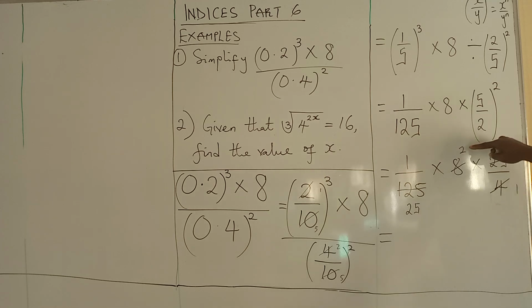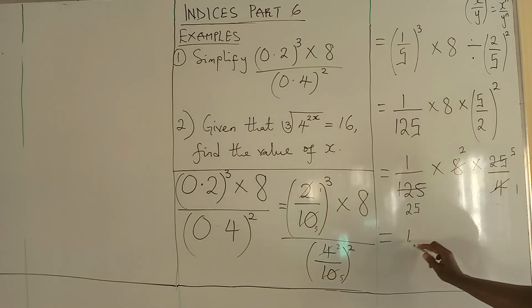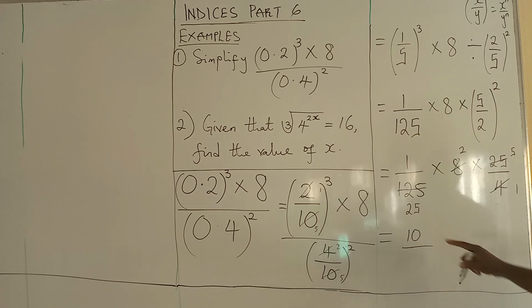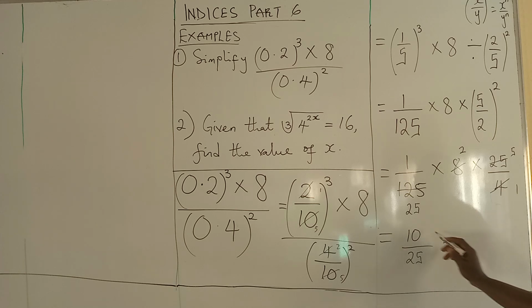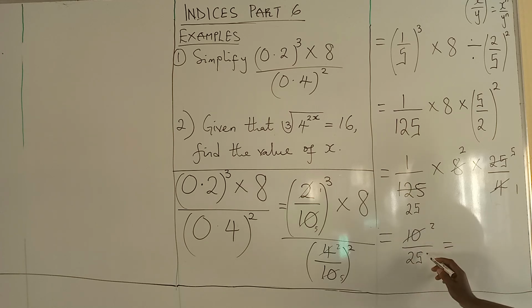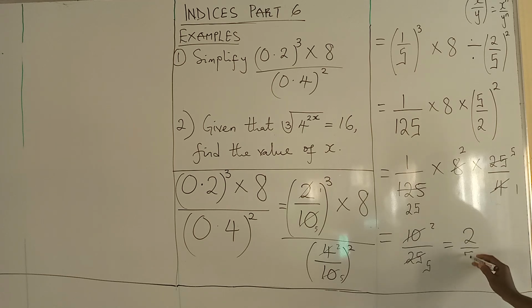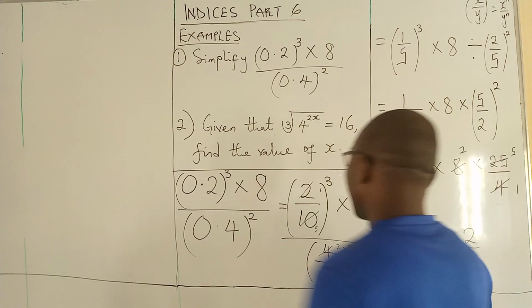So we are left with 2 times 5, which is 10, all over 25. And 5 can go here 2, 5 can go here 5. So the final answer is 2 over 5. That's the answer to question number 1.